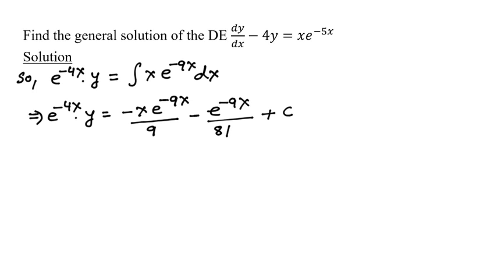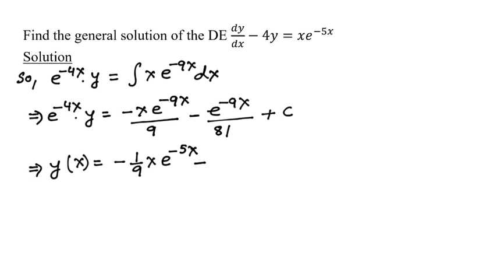Now, in order to find the value of y, we divide on both sides of the equation by e to the negative 4x. So we get y as a function of x equal to negative 1 over 9 x. e to the negative 9x divided by e to the negative 4x is e to the negative 5x.